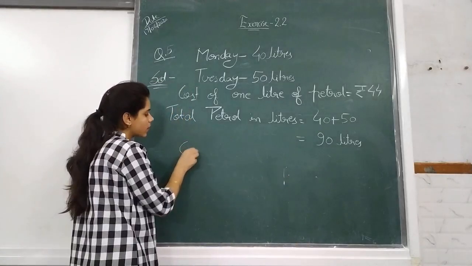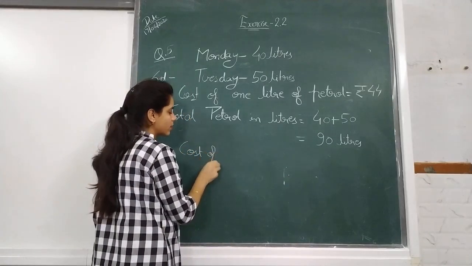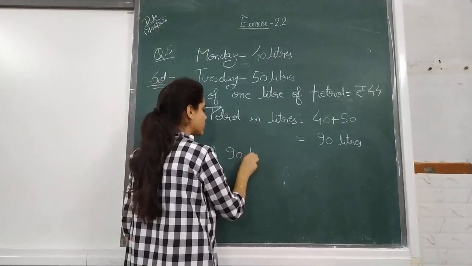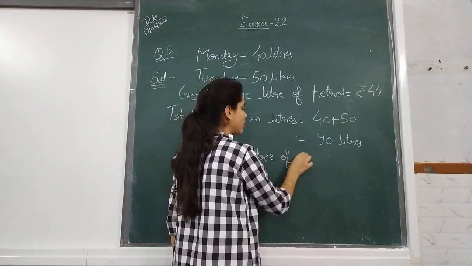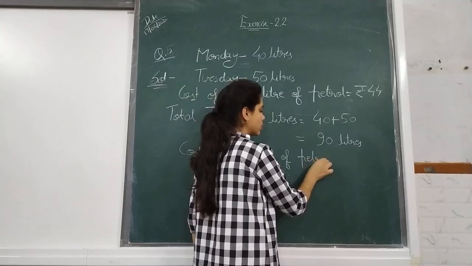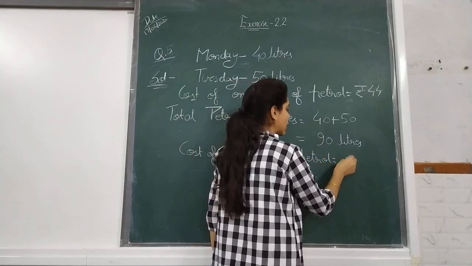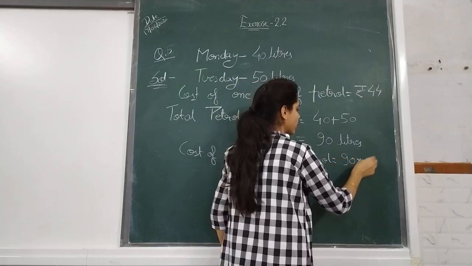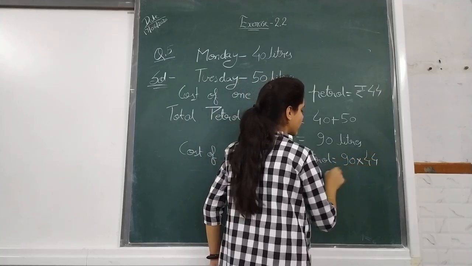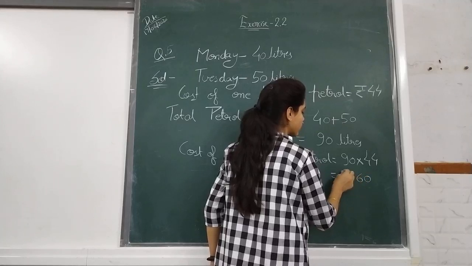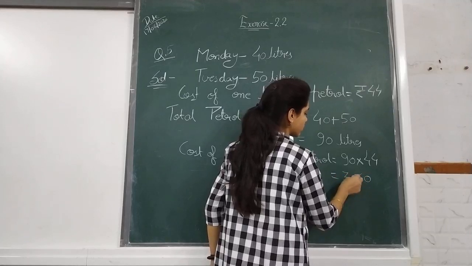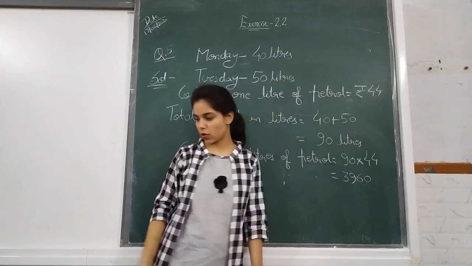So cost of 90 liters of petrol will be what? 90 into 44. So it will be 3960.